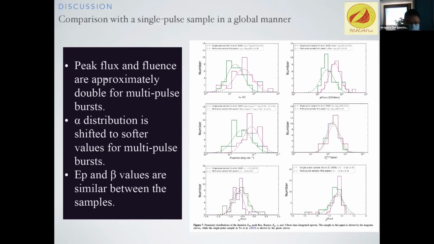We found that the peak flux and the fluence are approximately double for the multiple pulse bursts, and the low energy index distribution is shifted to soft values for the multiple pulse bursts, and the Epeak and the beta values are similar between these two samples.